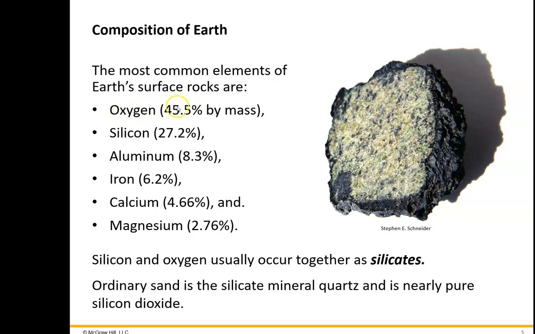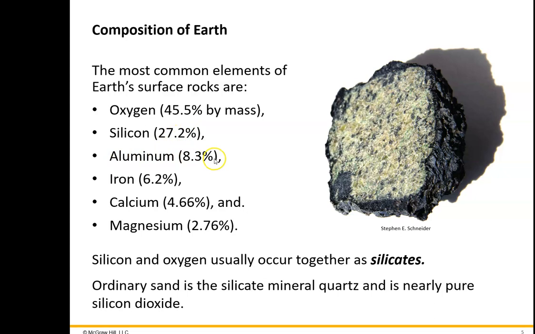But most of the mass of the planet, 45.5%, is composed of the element oxygen. Then comes silicon, a little more than one fourth.